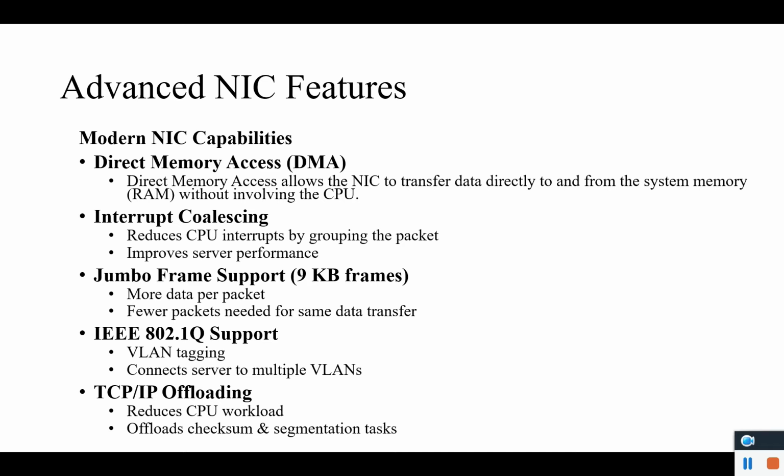With direct memory access, the NIC transfers the data directly to and from the system memory, and the CPU is bypassed during the data movement. This has two major benefits: reduced CPU utilization and faster data transfer. This is especially important in high traffic environments like virtualization hosts and database servers.